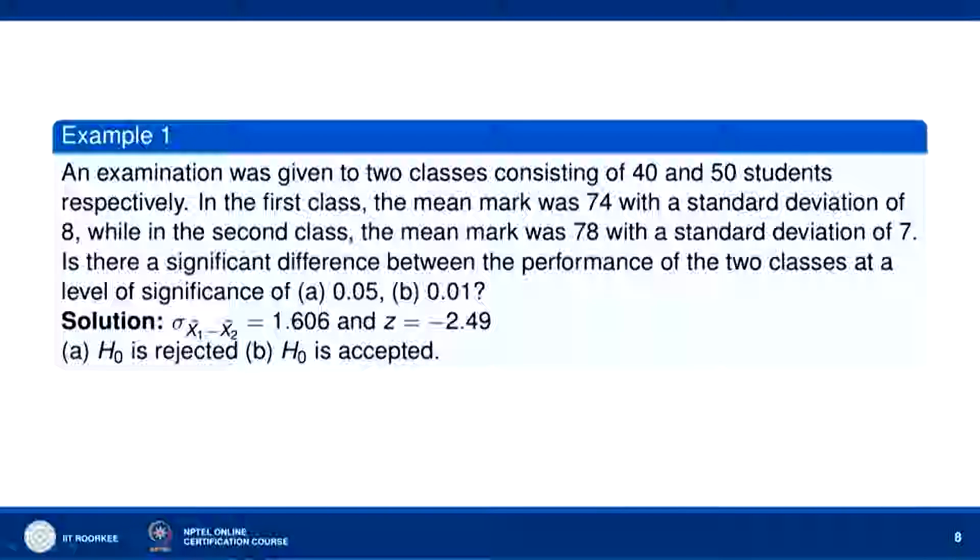An examination was given to two classes consisting of 40 and 50 students respectively. In the first class, the mean mark was 74, so x1 bar is equal to 74.